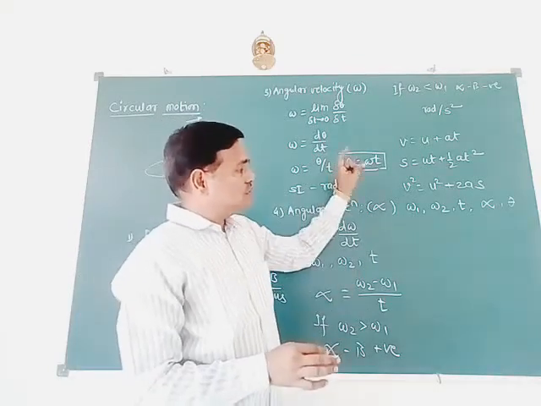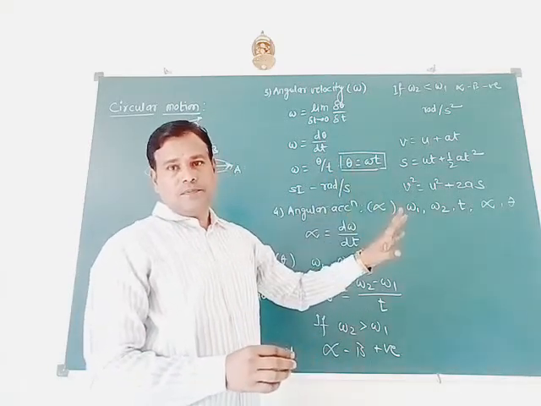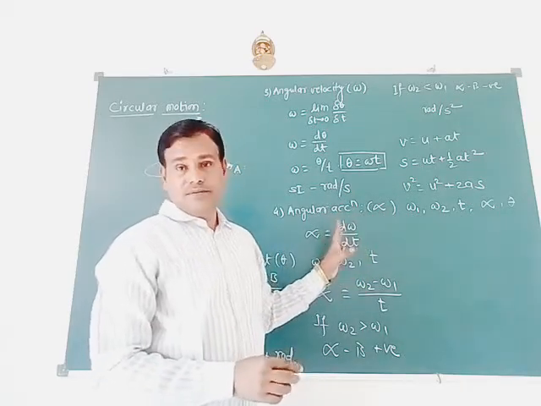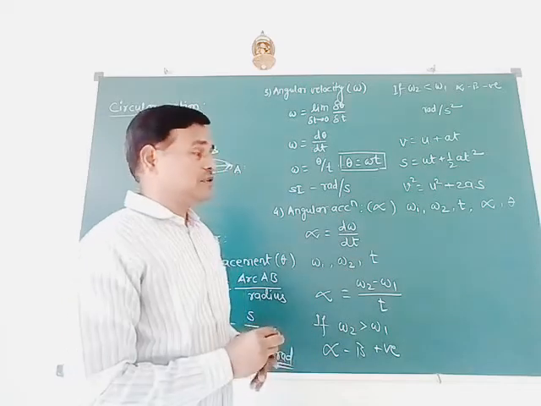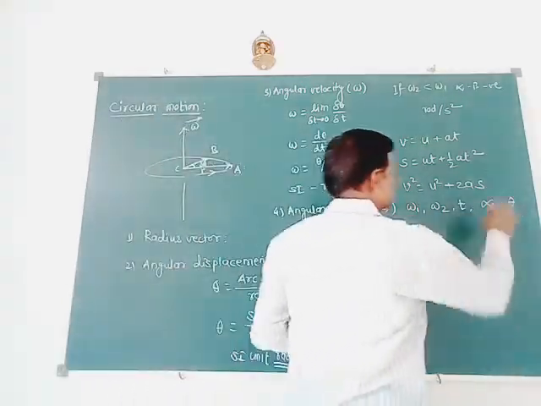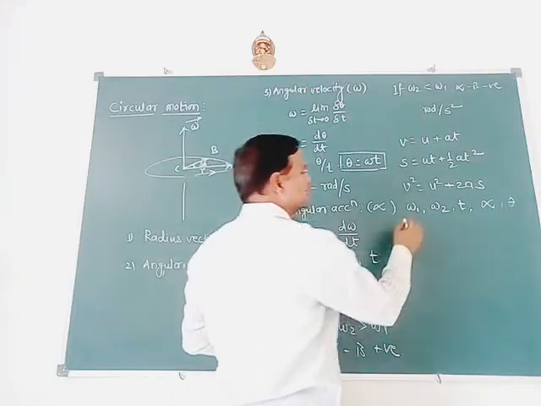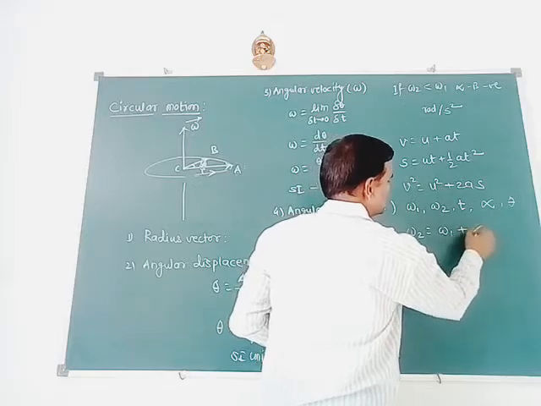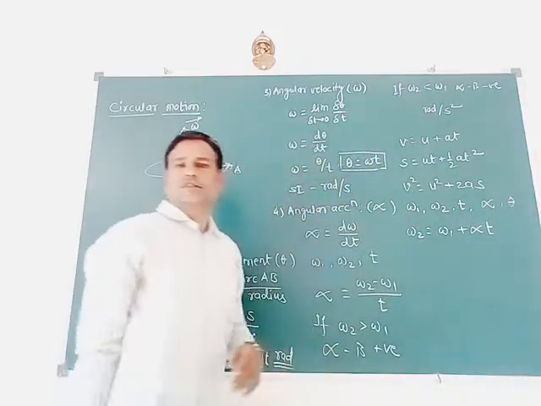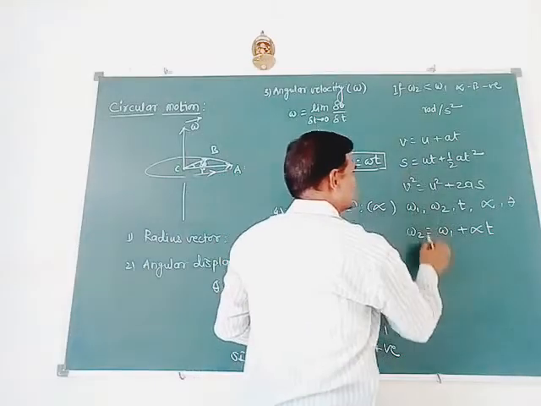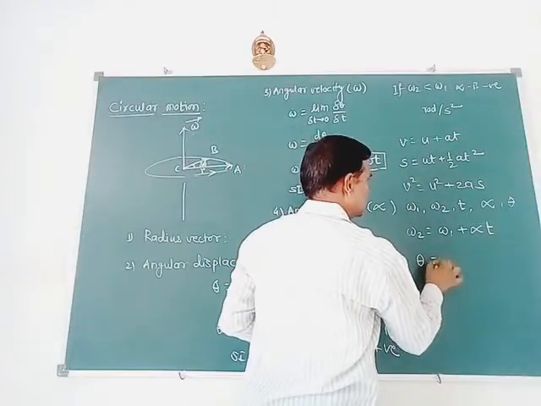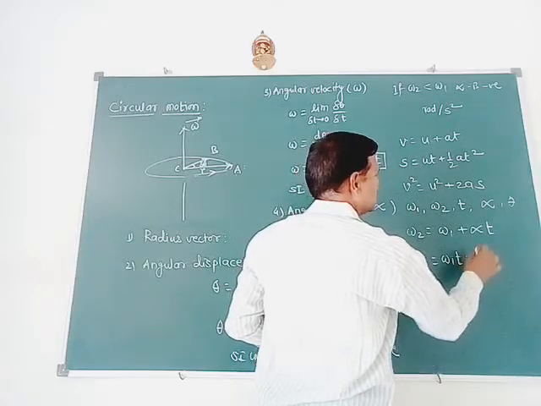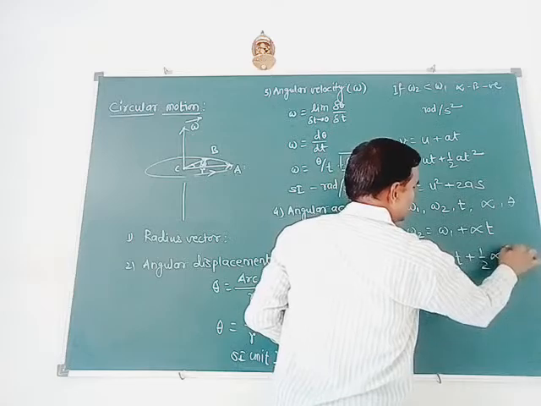That is why it is a very important part as far as rotational dynamics is concerned. For the study of rotational dynamics, these concepts are very important. So the kinematic equations can be written as omega 2 equal to omega 1 plus alpha into t. This is the first kinematic equation. Second, instead of s, we can write theta equal to omega 1 into t plus 1 by 2 alpha into t square.